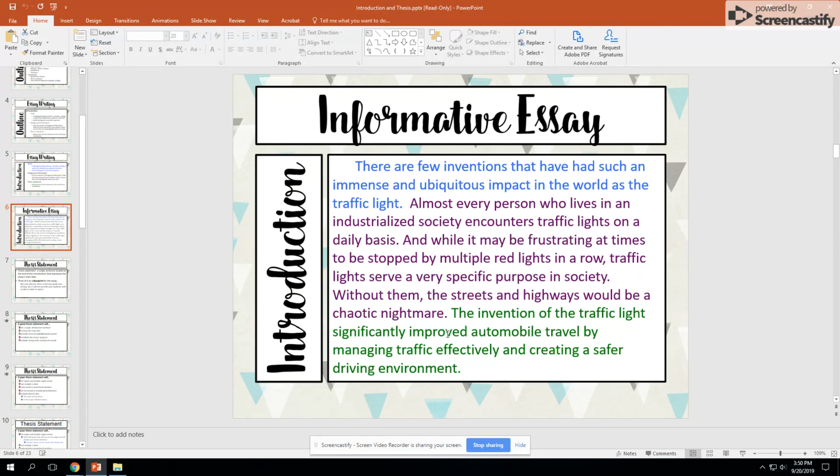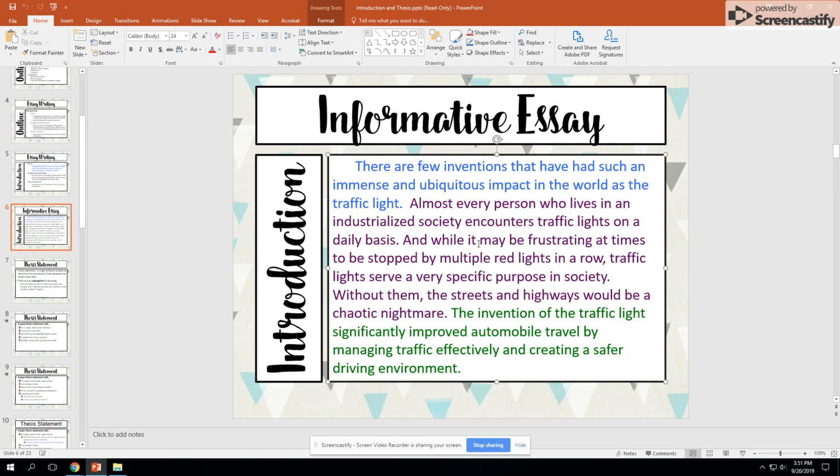So this is a sample essay introduction that you might see for an informative essay. In this case, their hook was, "There are few inventions that have had such an immense and ubiquitous impact in the world as the traffic light. Almost every person who lives in an industrialized society encounters traffic lights on a daily basis.